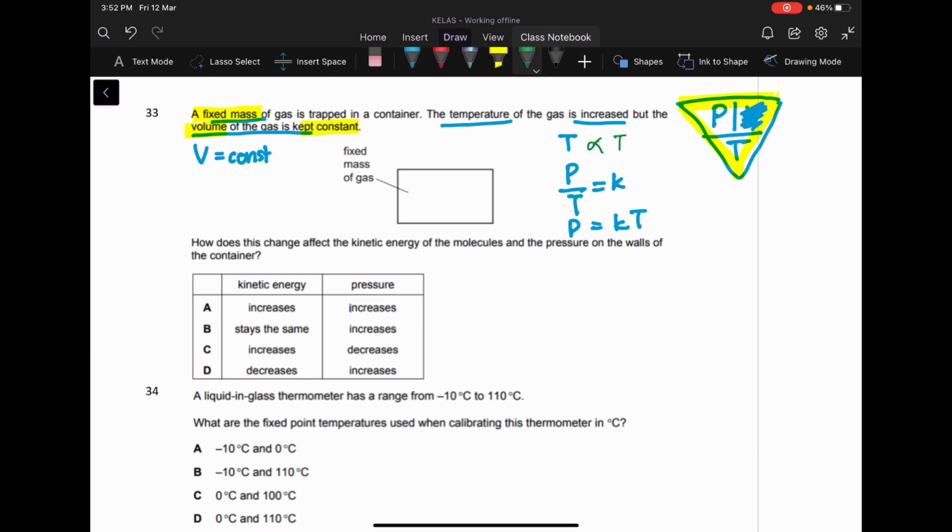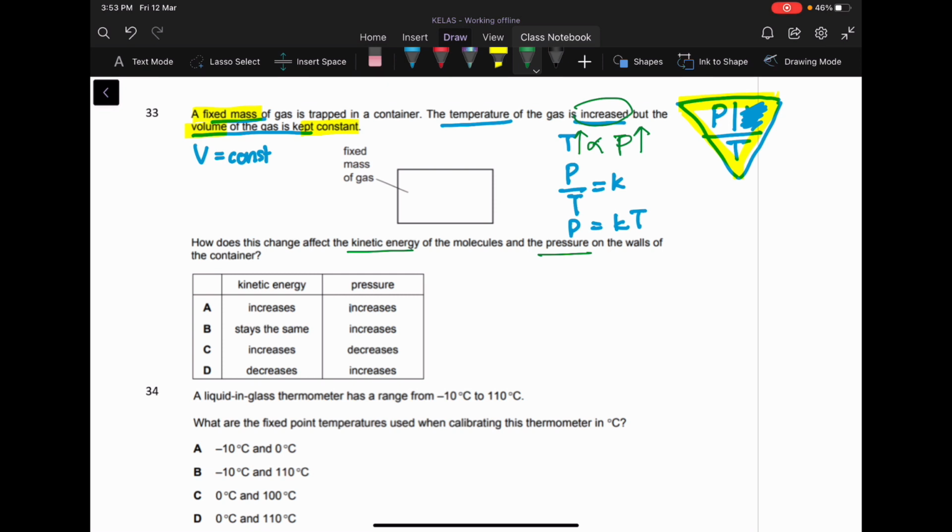So let's go back to the question. How does the change affect the kinetic energy of the molecules and the pressure? From the relationship, the temperature increases. The higher the temperature, the higher the pressure, because the relationship is directly proportional.